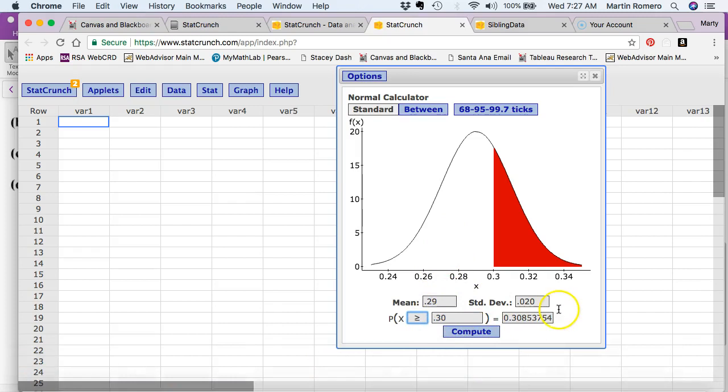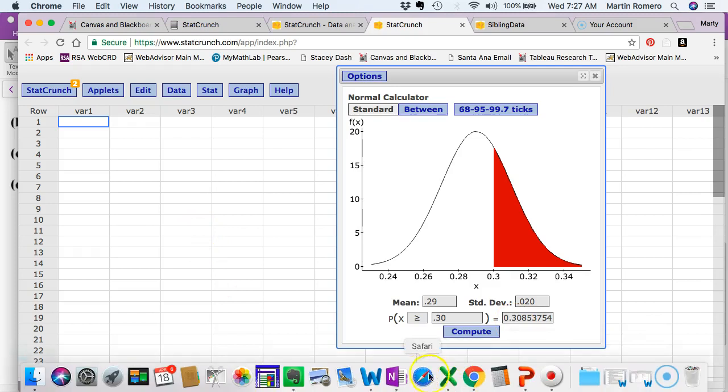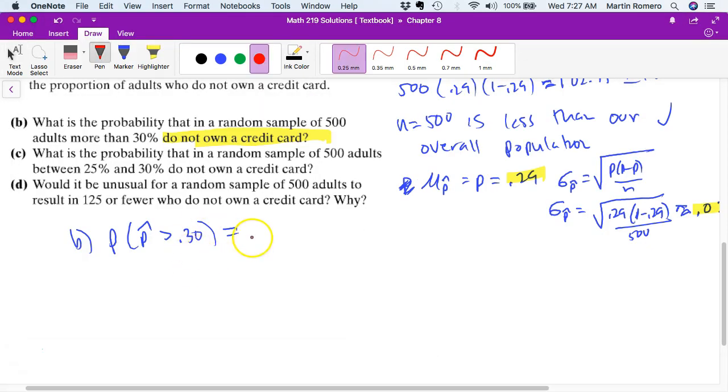Let's make sure we're answering the question: more than 0.30, compute. And we got 0.309. So our answer here is that 0.309, or about 30.9%, of the samples would have more than 30% of the population saying they do not own a credit card.